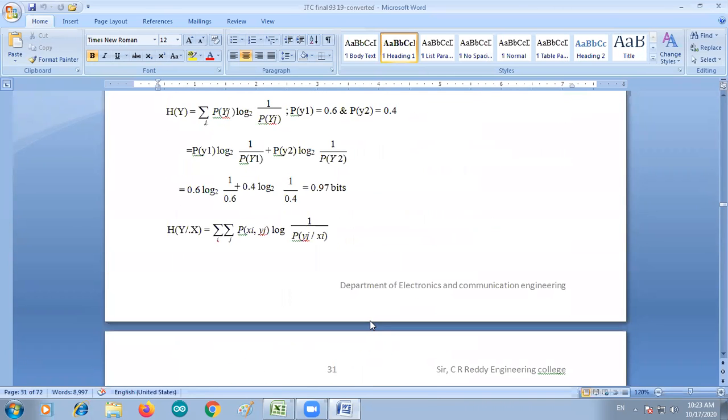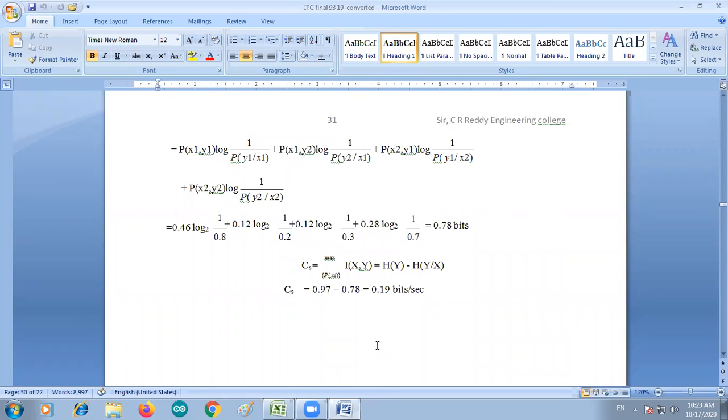This is the generalized process. So in the generalized process, you calculate I of x comma y, that is the mutual information. Then where the mutual information for input bits is maximum, that is the channel capacity. So in this problem, channel capacity is 0.19 bits per second.